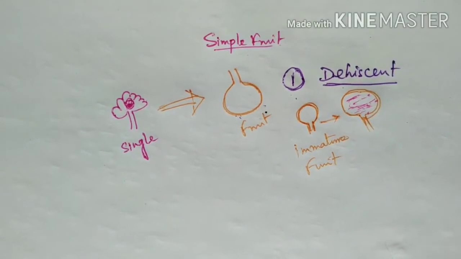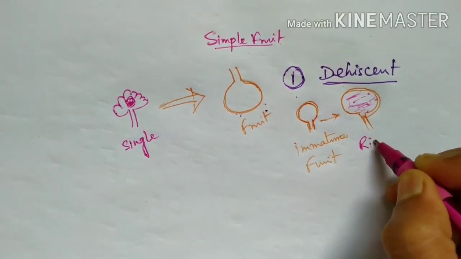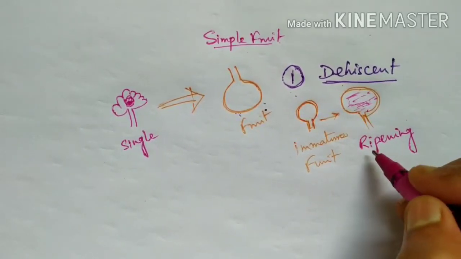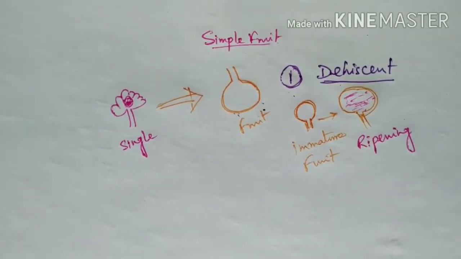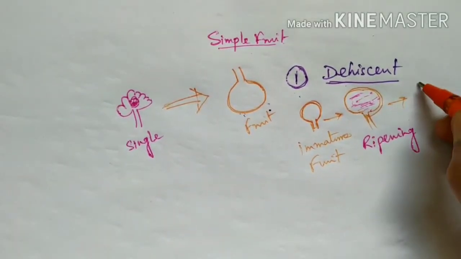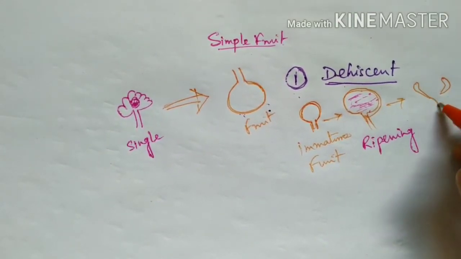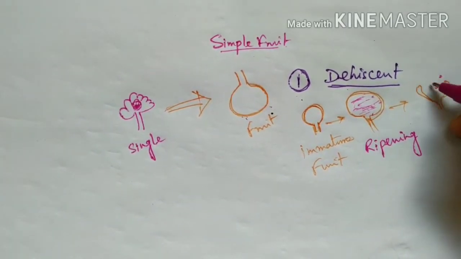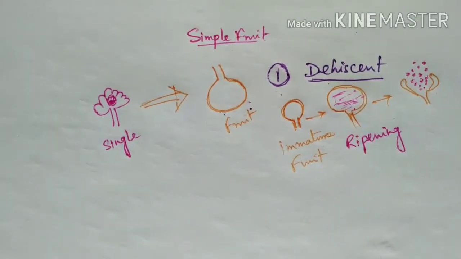After ripening of this fruit, all the pericarp breaks down and the seeds spread from this fruit.